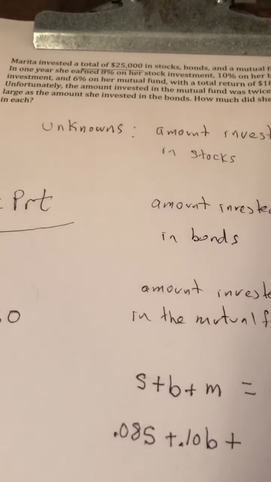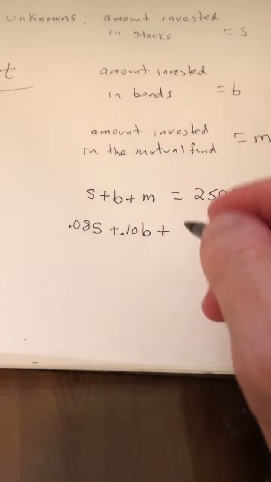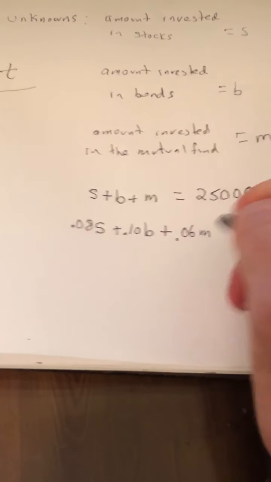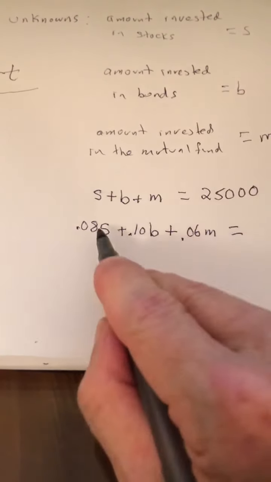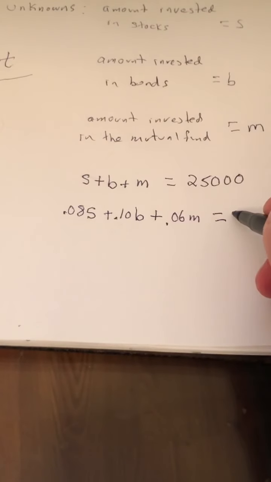What about the mutual fund? That's only 6%. So again, this has to add up to 1,860.